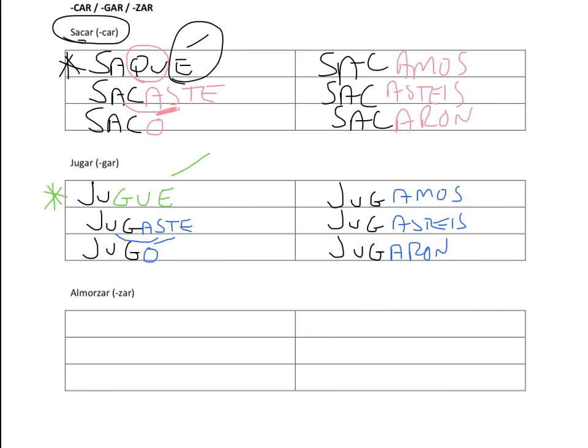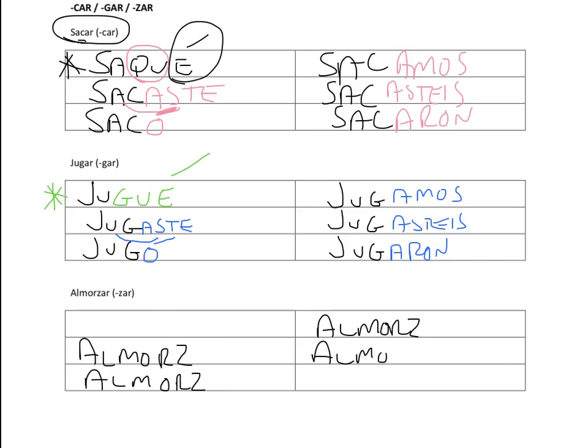And the last one is almorzar. So, like I said, it sounds like it should be okay. Almorz. Again, no stem change, no boot verb. That's present tense. Don't throw that out the window. Just put it in the closet for now so that you can go and get it later when you need it. Okay, so let's add our endings.